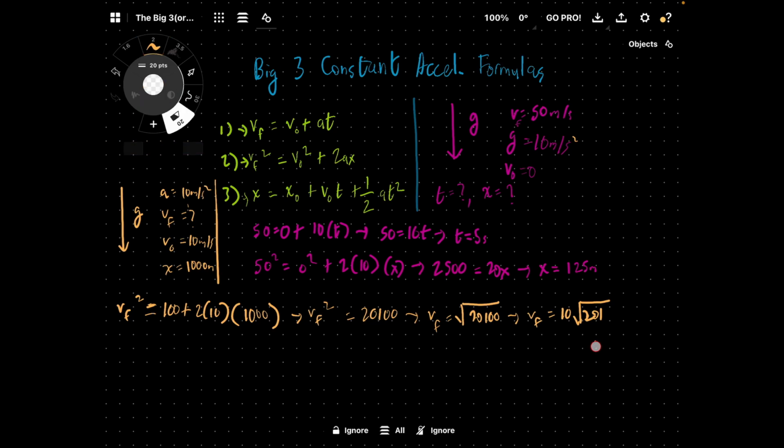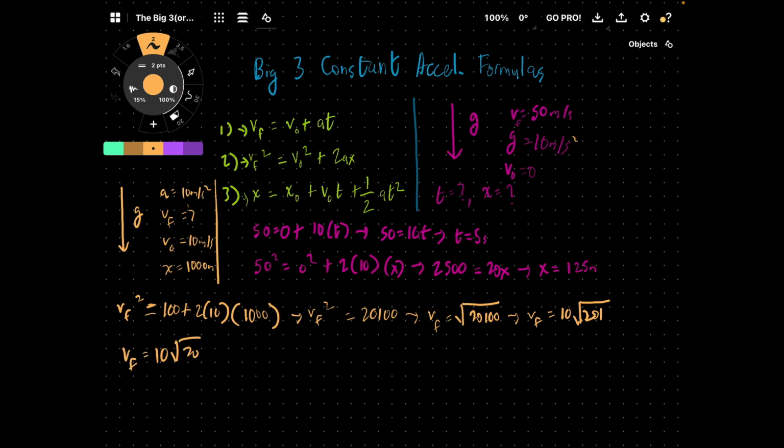Of course, guys, don't get it wrong. 67 is a meme, but just not on this channel so far. Maybe I'll include it in future videos. But that's about all we can factor it. So the final velocity is equal to 10 times the square root of 201 meters per second.